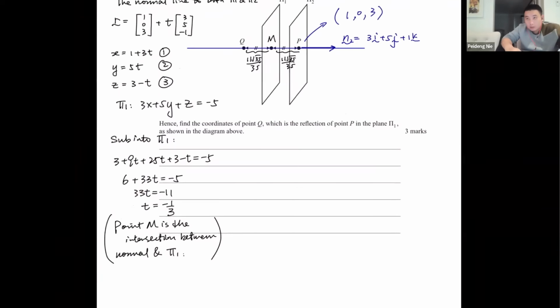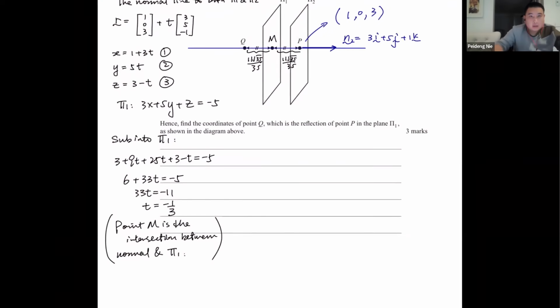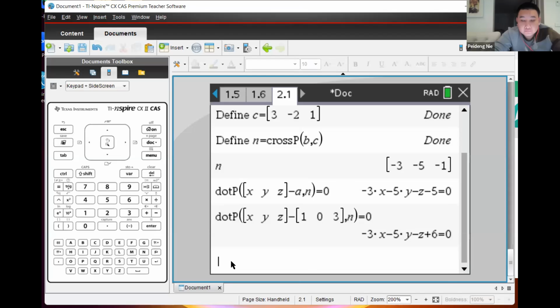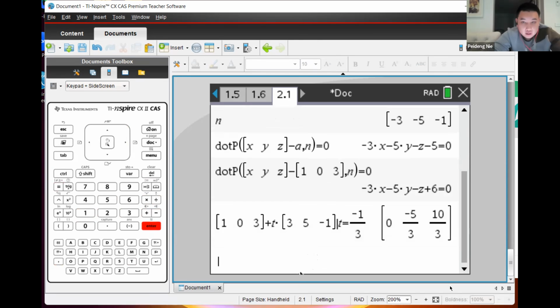Now, I probably need to borrow my CAS calculator. So what I'm doing here is (1, 0, 3) plus t times (3, 5, minus 1), given that t equals minus 1 over 3.